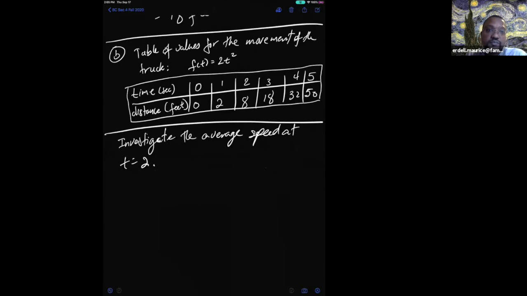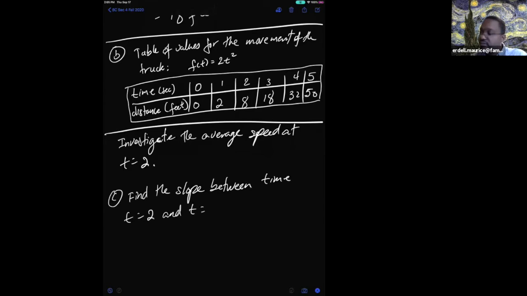So let me ask you a question. Do you remember how to find the slope between time t equals 2 and t equals 5 seconds?